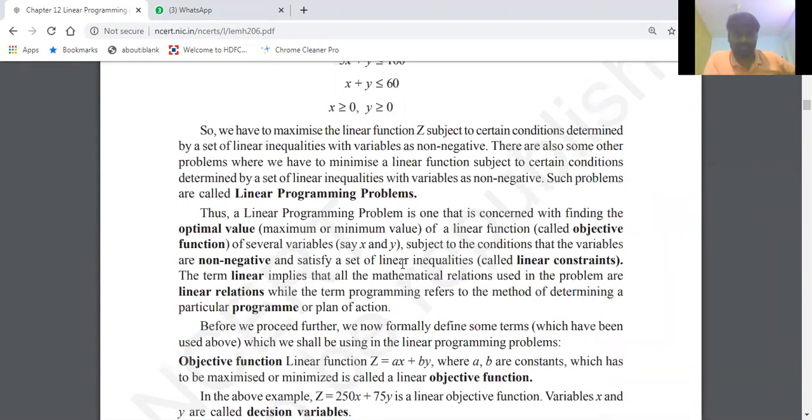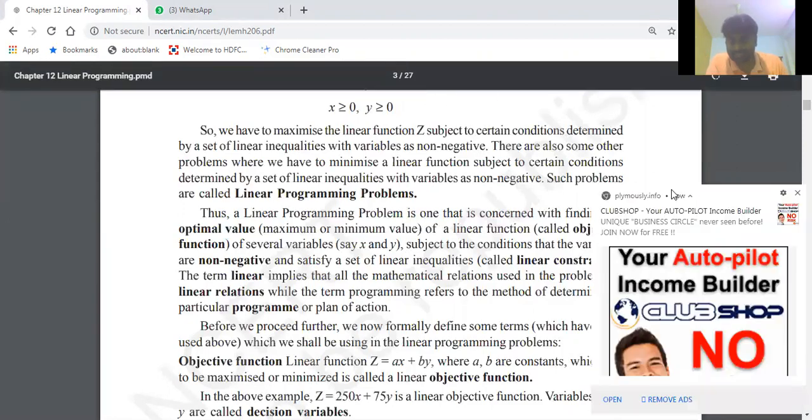Of a linear function called the objective function of several variables x, y. You may have z also, but our discussion is confined to two variables only in this chapter, in this class 12. Subject to the condition that variables are non-negative, satisfy a set of linear inequalities which are called constraints. These are the terminology which we discussed before.